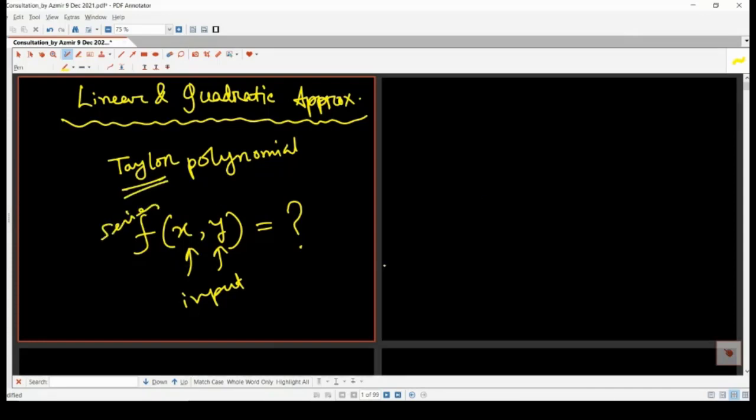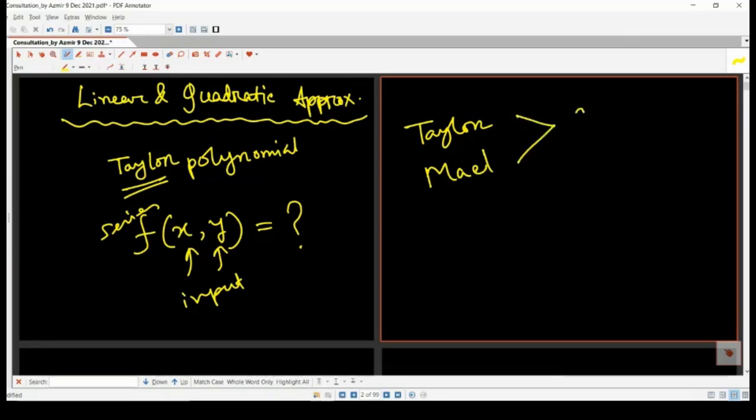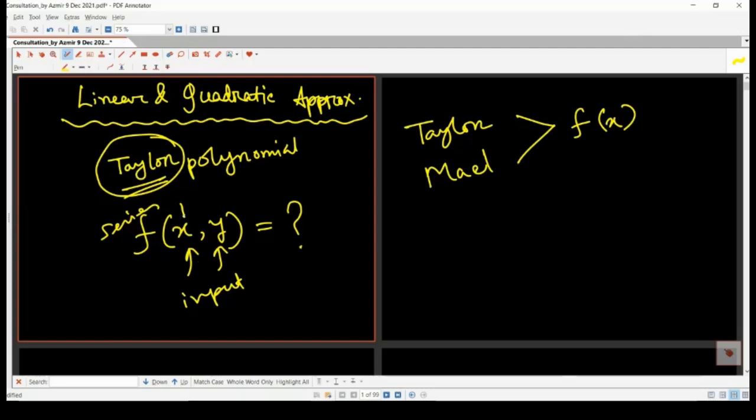You already have the concept of how to find a Taylor series or Maclaurin series for a function of a single variable. But now we're going to discuss how to find the Taylor series, or say Taylor polynomial, for a function of several variables, or a function of two input variables.